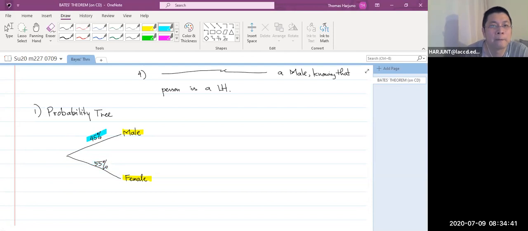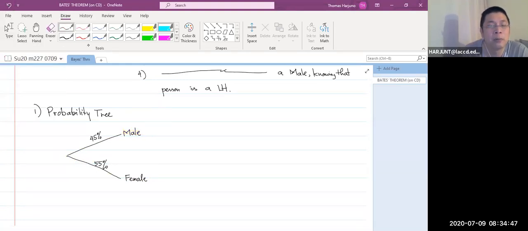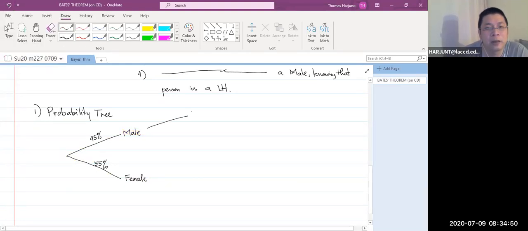Now, next. Knowing a person is male, the probability that person is left-handed is 2%. So, not left-handed, therefore, is not 43%, it is 98%.